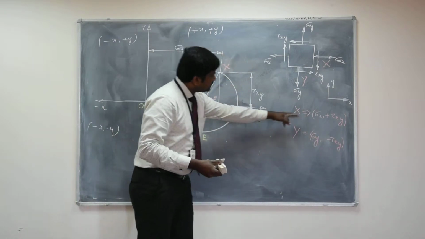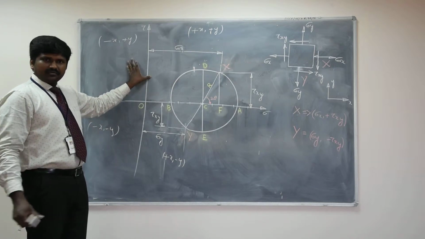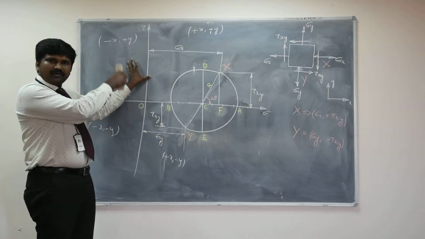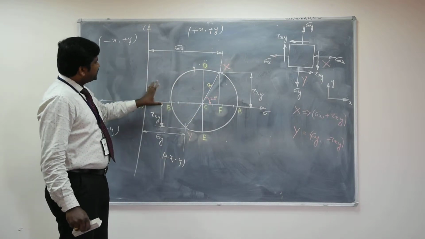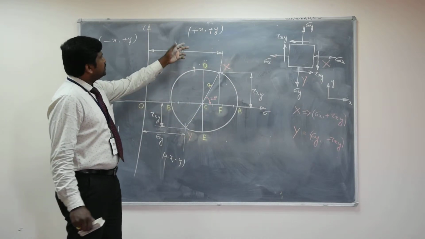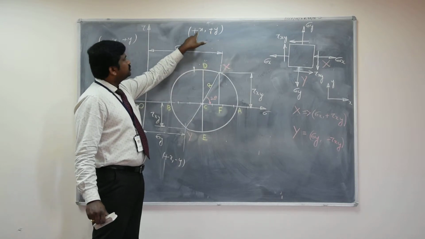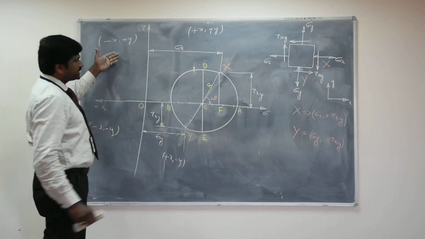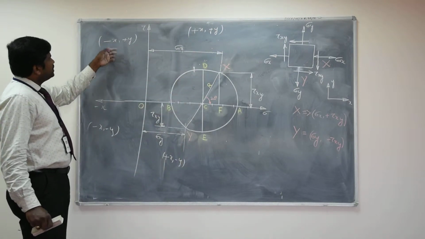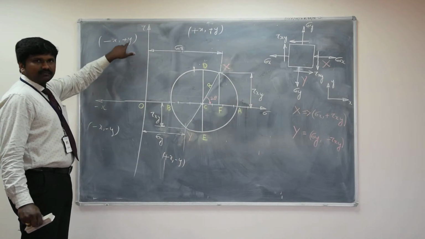Now these x face coordinates and y face coordinates have to be reproduced onto a Cartesian coordinate system with the proper sign convention. Because the Cartesian coordinate system will have the coordinates, for example, this is the first quadrant, all the values here are positive, so we write in the form of plus x, plus y. This is the second quadrant, so the coordinates in this quadrant will be of the form minus x, plus y.